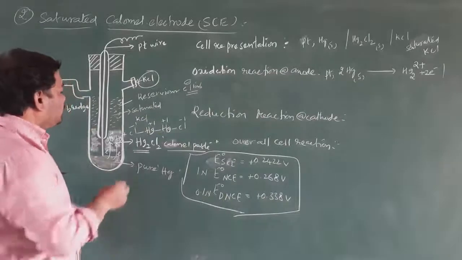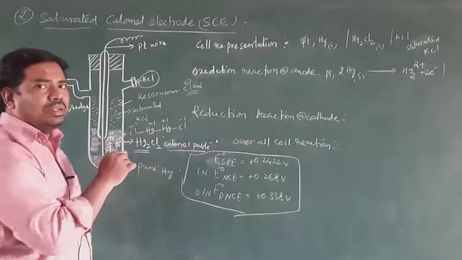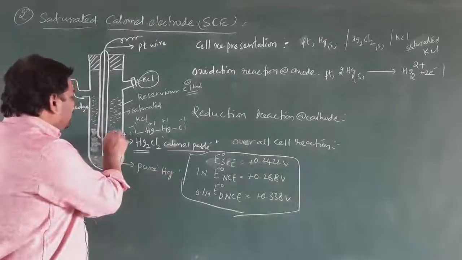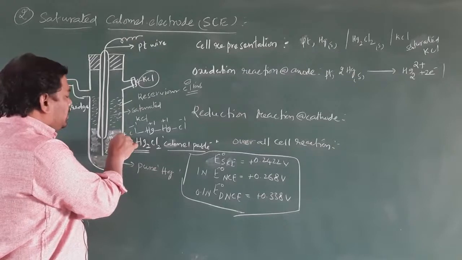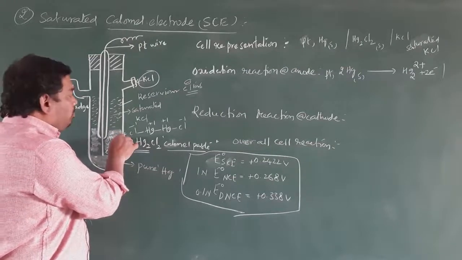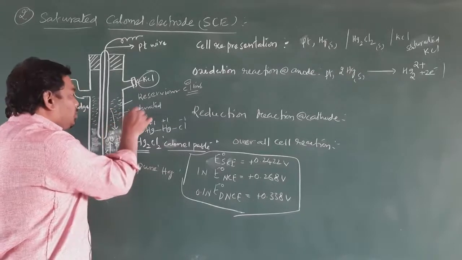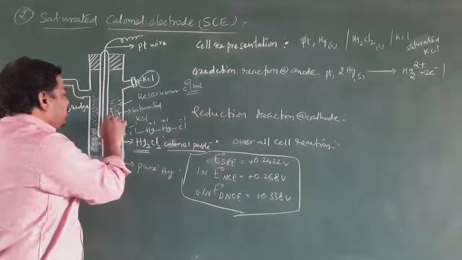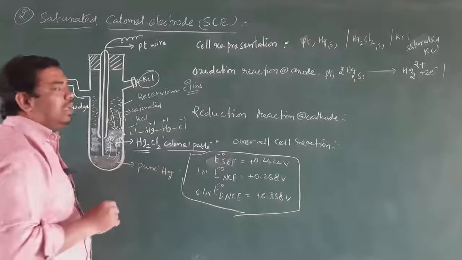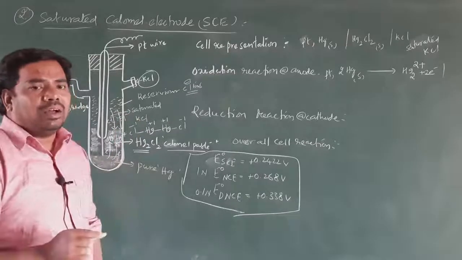Okay, so with the loss of these 2 electrons the mercurous ions are in a deficient state. Therefore these positive ions are balanced by taking chloride ions which come from the saturated KCl solution. That's why we call saturated KCl the reservoir of chloride ions.